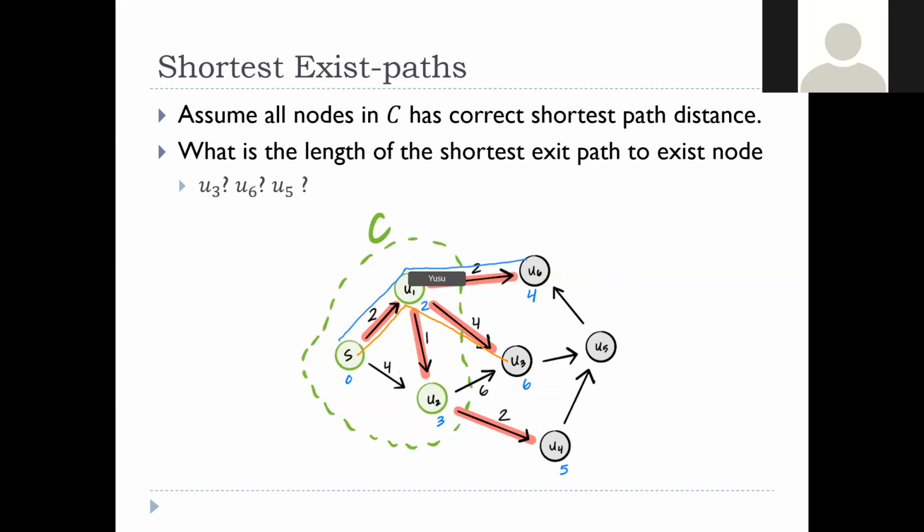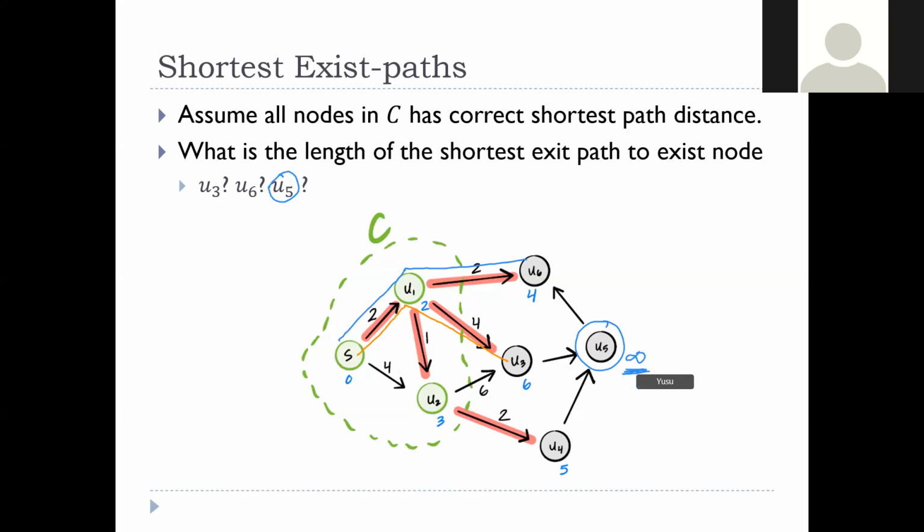You can also ask, what is the shortest exit path to reach node U5? Remember I didn't mark it here, but U5 right now has an estimate of infinity. Now you note that U5 is not directly connected to anybody inside C, so it's not reachable via an exit path.